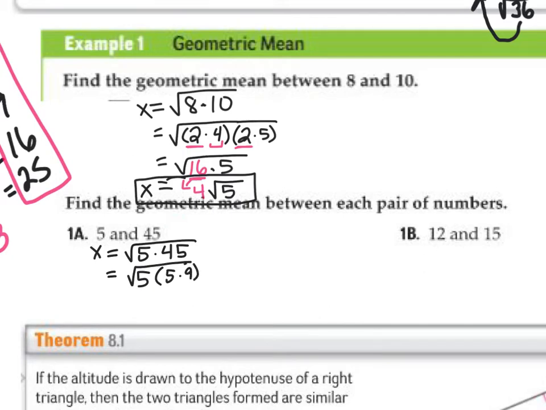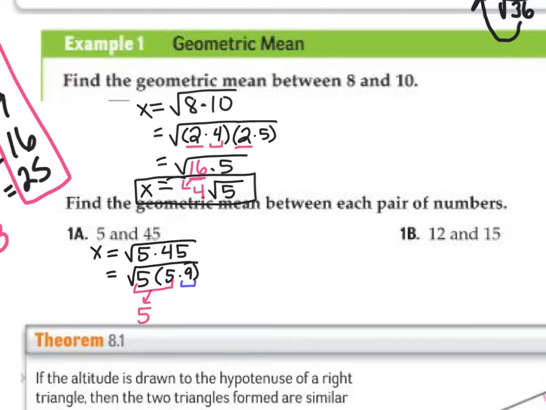Okay, so I'm just breaking down those factors. I have two 5s, okay? Anytime you have a pair of numbers underneath your radical, those create a perfect square. So we're going to take one of these out, but then we also have 9, which is a perfect square, okay? So all I have to do, these arrows are going to represent my numbers I'm quote-unquote taking out.